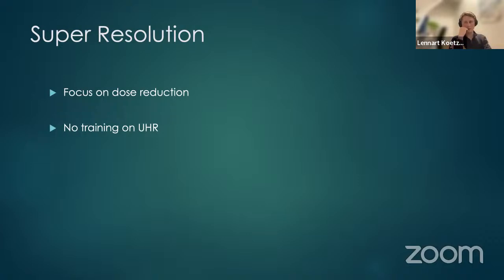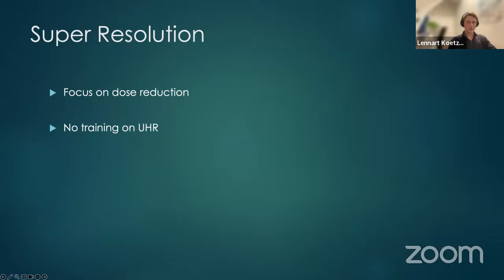And this was the initial focus of the vendors, to reduce radiation dose. And that's why the algorithms were not trained on high resolution images of, say, below 0.5 millimeter. And especially with the introduction of photon counting CT, we can go below this resolution level.